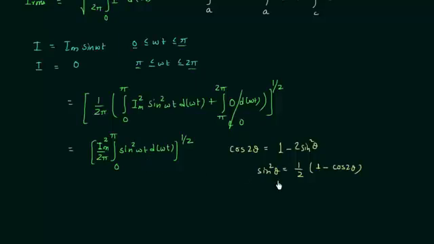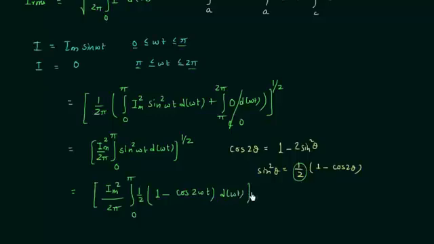We have omega t in place of theta. Im square divided by 2 pi integration 0 to pi, 1 by 2 inside the bracket, we have 1 minus cos twice of omega t d omega t. Very simple. Now we can easily integrate this.